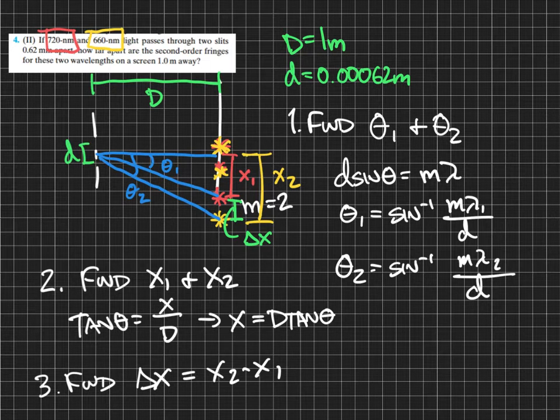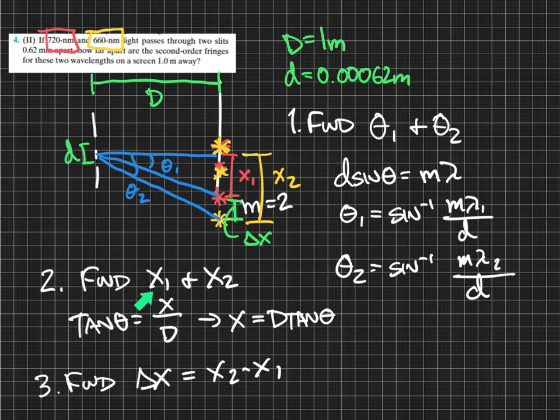Then I can find x1 and x2. x1 is how far this second order fringe is from the central maximum, and I can find that from the triangle that's made here. I know this side is d, that's 1 meter. I can solve for this length, x1, because I know this angle.